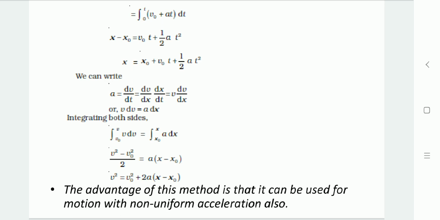The advantage of this method is that it can be used for motion with non-uniform acceleration also, because while integrating, by applying the limits for non-uniform acceleration, in the same way we are able to get the equations.